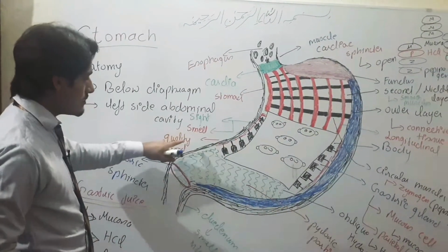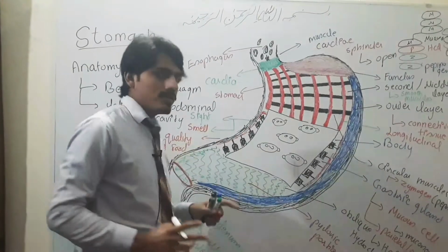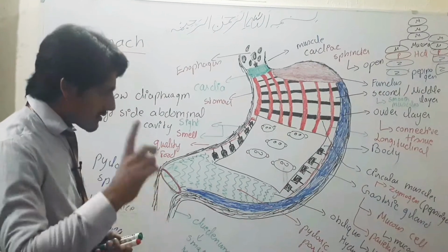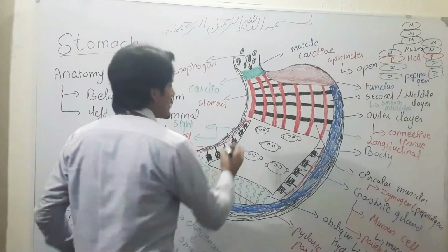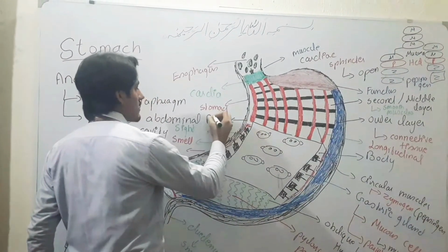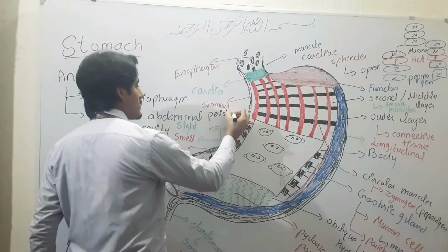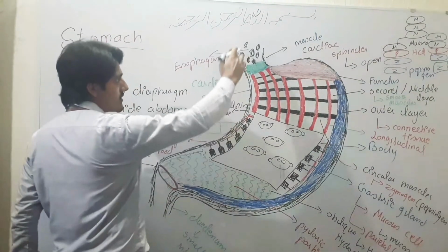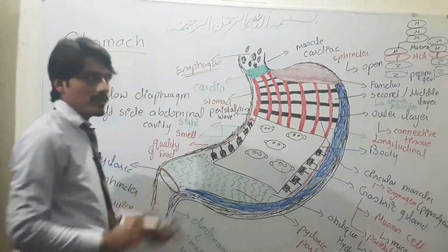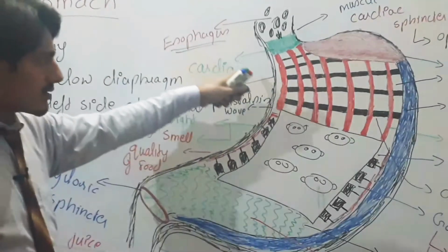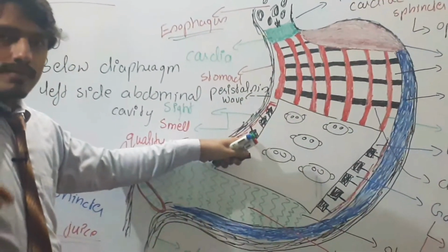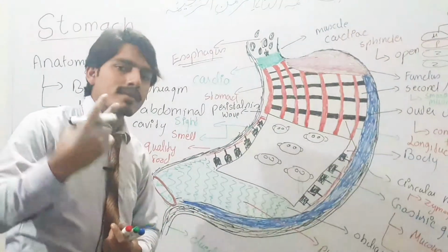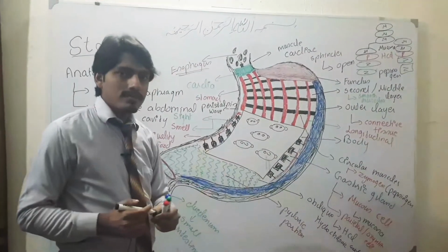So when smell, sight and quality of food stimulate the gland, the stimulus comes in the form of a peristalsis wave which comes from the esophagus. The peristalsis wave comes from the esophagus to the gastric gland, and after the stimulus reaches the gastric gland, it secretes juice which is called gastric juice.